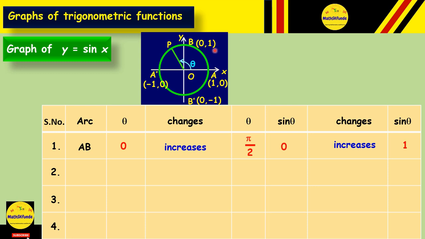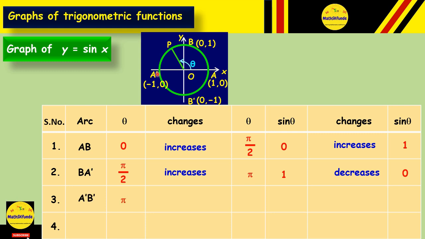I'm deliberately saying sin theta instead of y coordinate. Now what happens if you move on arc BA dash? Theta increases from pi by 2 to pi, and the y coordinate goes from 1 to 0. That means it decreases, so sin theta decreases from 1 to 0.